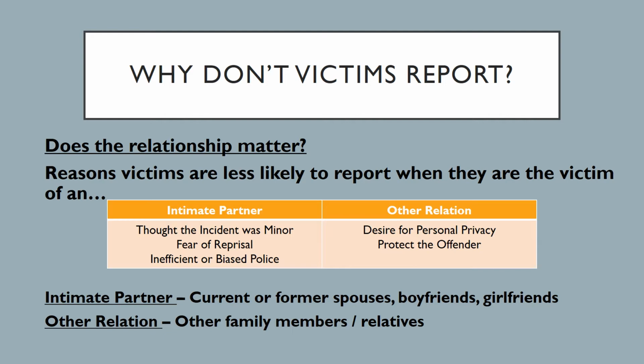So, reasons that victims are less likely to report when they are the victim of an intimate partner: you think of an intimate partner as somebody you have a close relationship with, whether it's long term, whether it's married, maybe you share children. There should be some established trust in the sanctity of that partnership. Well, in some cases, the victim thought the incident was relatively minor, right?